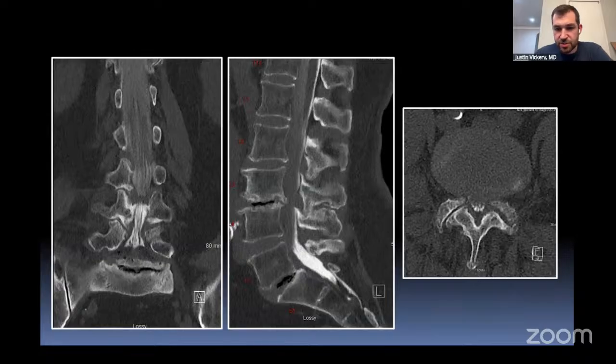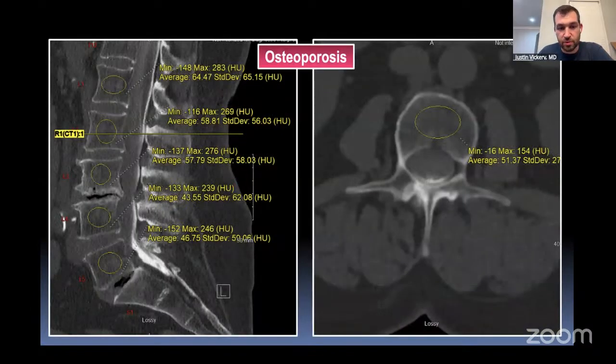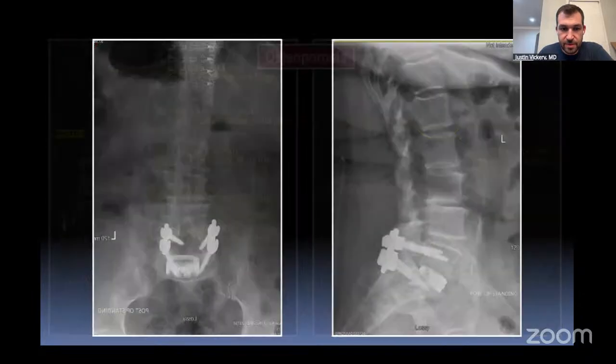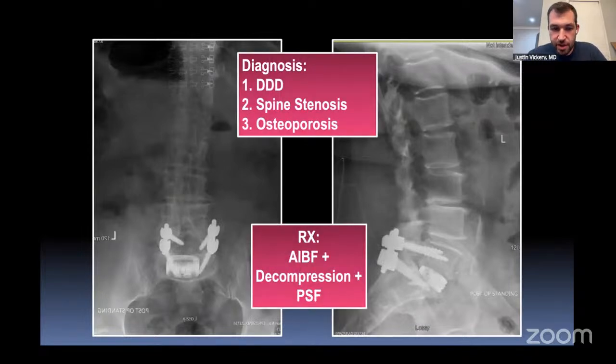And I believe this cut was at L3-4, but given her comorbidities, and her symptoms mainly being a radiculopathy, I think the decision was made to just address L5-S1, which was the surgery offered. Here you can see we measured her Hounsfield units at multiple levels ranging in the 40s to 60s. So she underwent this surgery here, ALIF at L5-S1, followed by posterior spinal fusion.